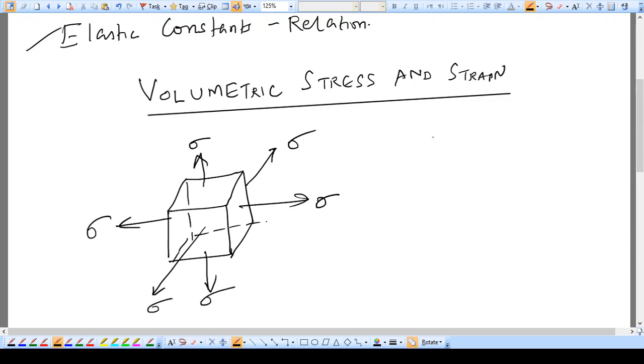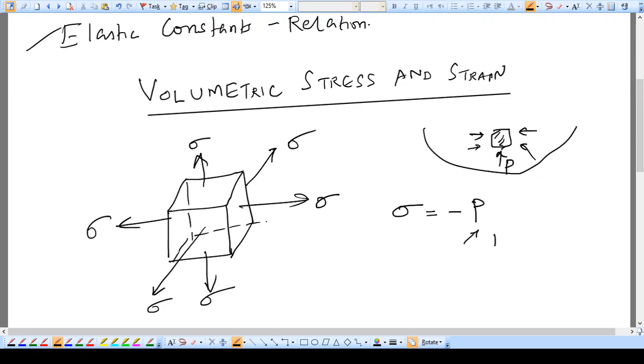When such a body is immersed in any fluid or liquid, a pressure will be acting on the element. So I can say sigma is equal to minus P. So this P is the pressure which is compressive in nature.